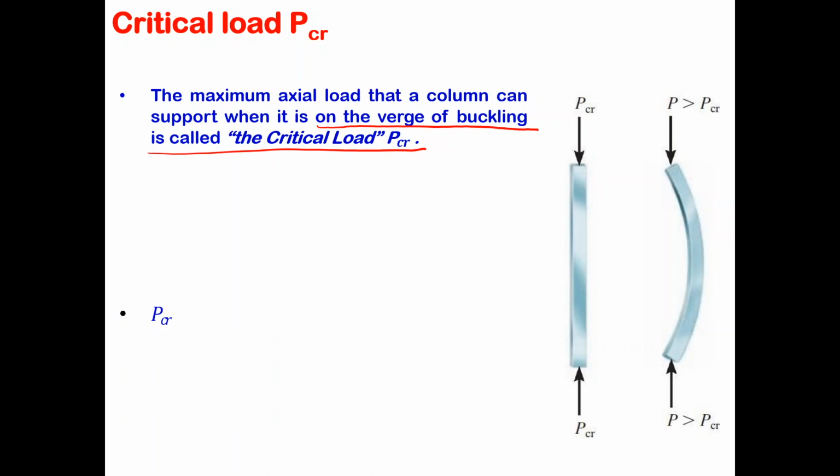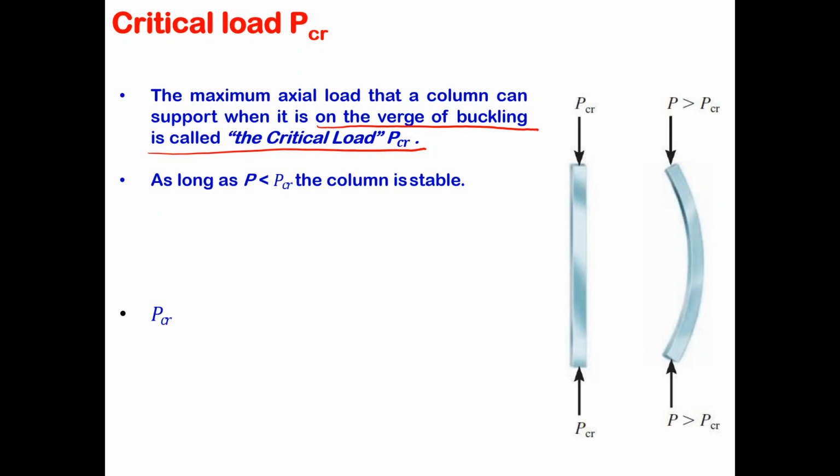So that's actually the point where if you increase the load by just one very small epsilon, then the buckling failure will happen. And if you decrease the load by a small epsilon, the column will go back to its original configuration. But if you keep the load at P critical, the column will stay as is, doesn't fail, doesn't go back to its original position.